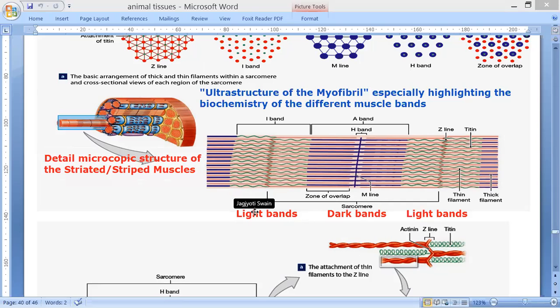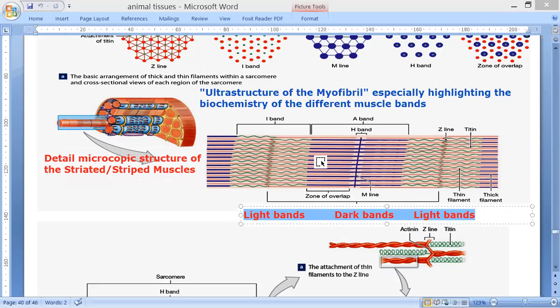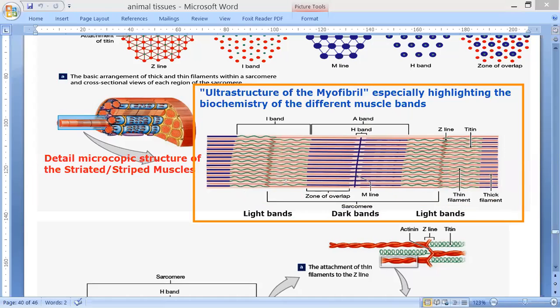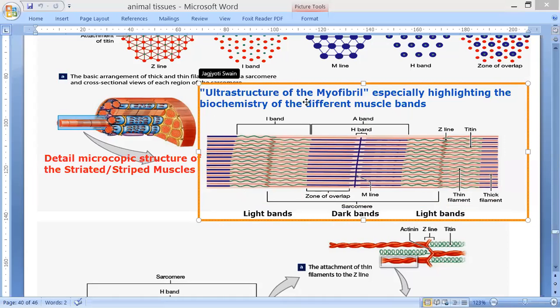Now, when we compare these two drawings, we can easily see that the light bands are synonymous with what? The I bands, and the dark bands are synonymous with the A band.